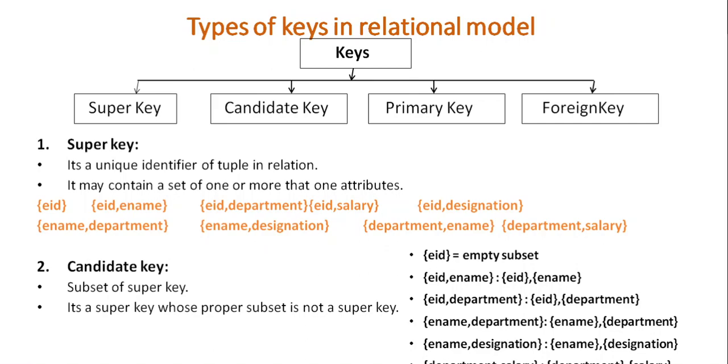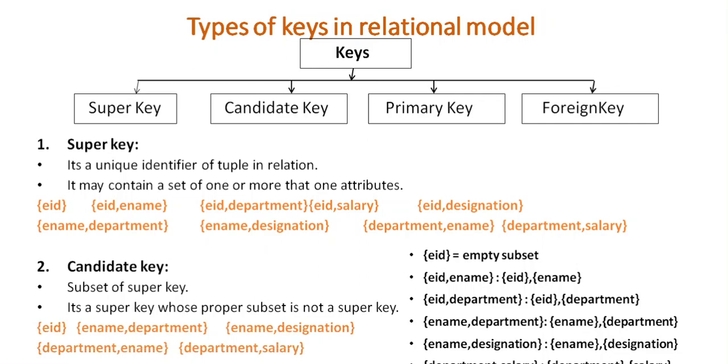In our table, we have these candidate keys. Employee ID is a candidate key. Employee name and department is a candidate key. Employee name and designation is a candidate key. Because if you take the subsets of all these keys, those subsets are not super keys.